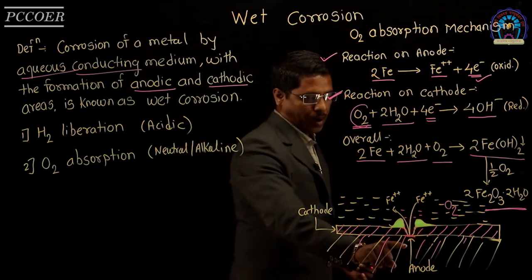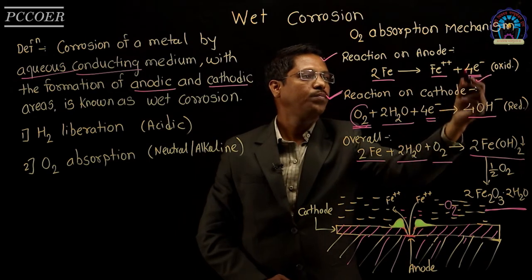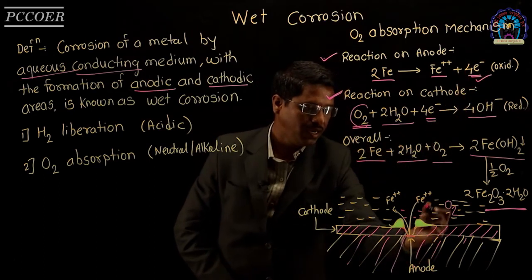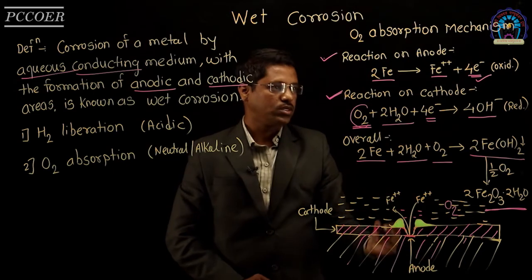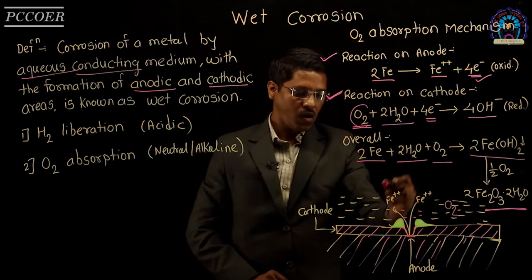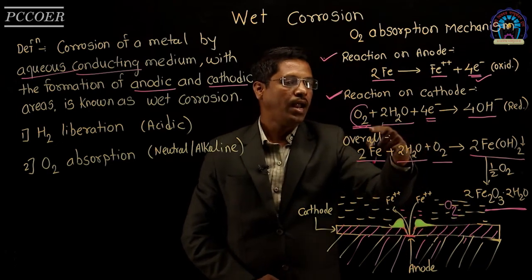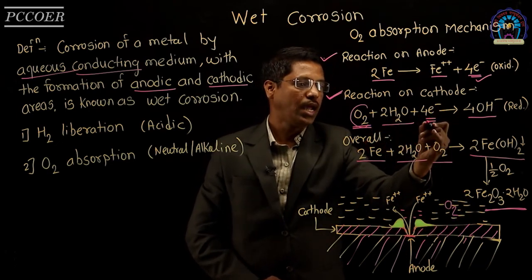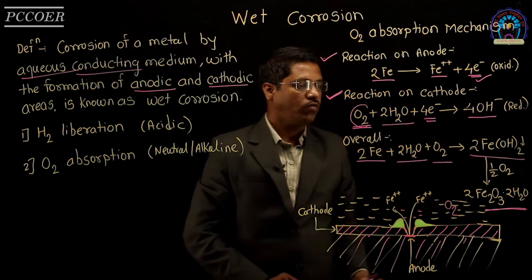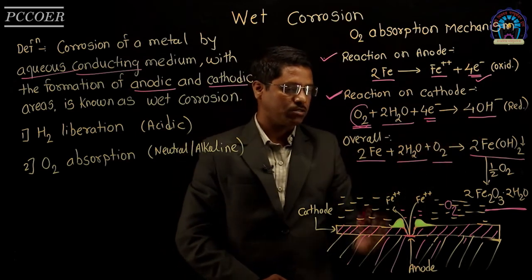So the anodic part will lose the electron, so Fe2 plus ions will get dissolved here in the aqueous conducting medium, and oxygen from the aqueous conducting medium will accept that electron, and formation of hydroxide will take place.